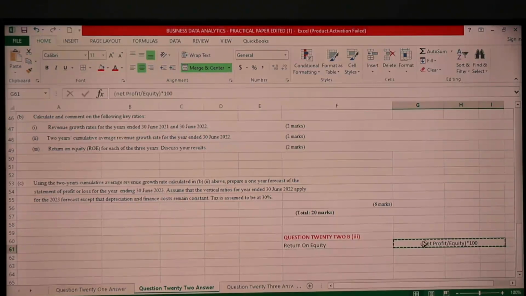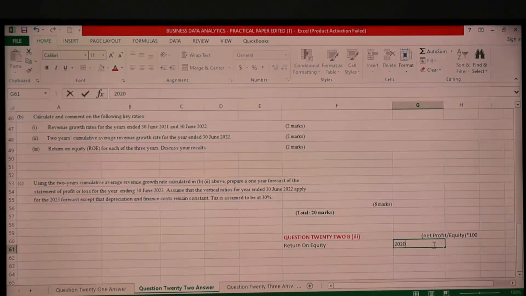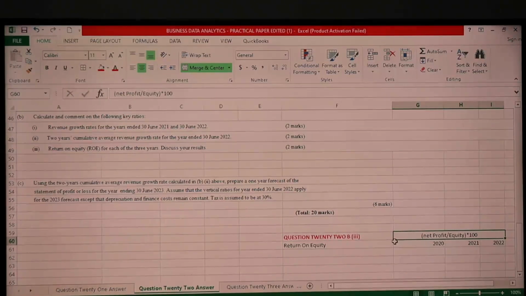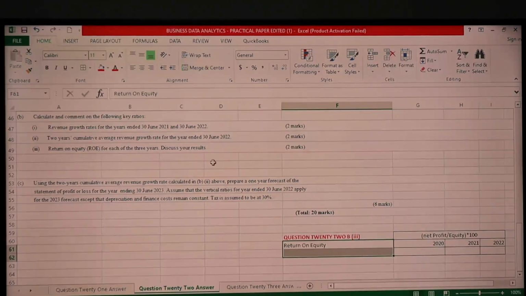Here, yes, we are calculating for 2020 because we are told for 3 years, 2021 and 2022. So we are computing this for those 3 years. So that will be our worksheet. You can have your worksheet like that.